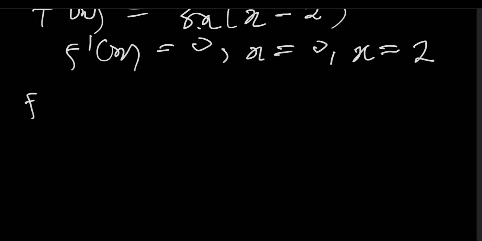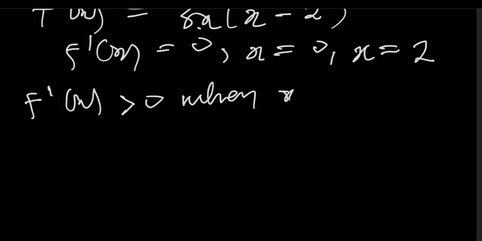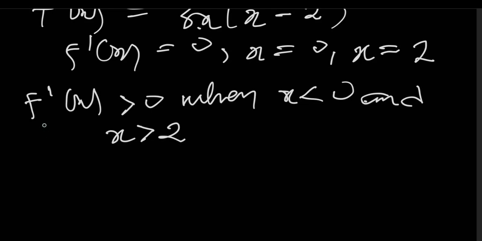So f prime of x is greater than 0 when x is less than 0 and when x is greater than 2. We can also see that f prime is negative when x is less than 2 but greater than 0.